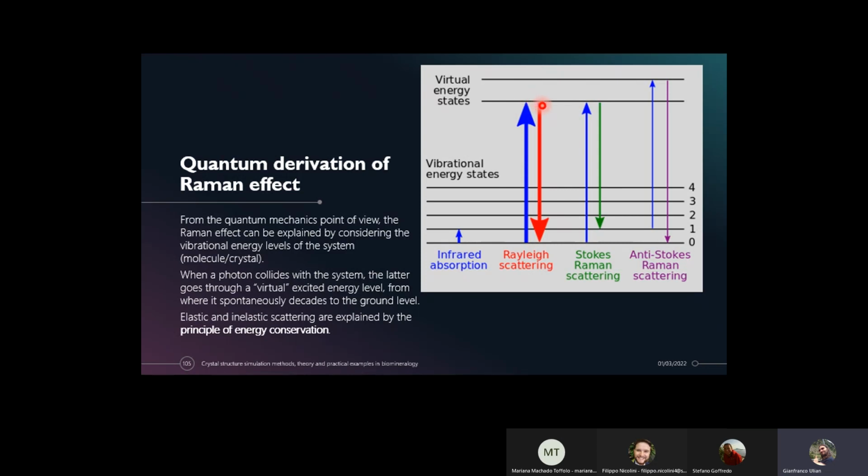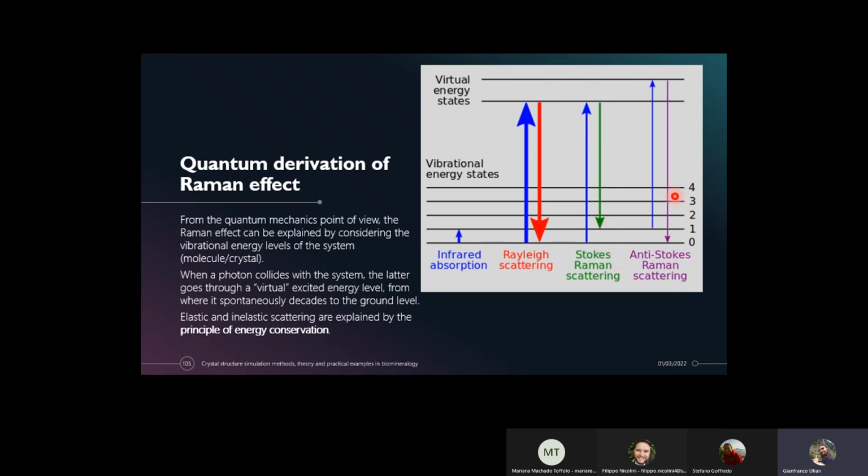Then it remits a photon with the same energy. So your system jumps to an energy level and goes down to the same vibrational energy level. What happens here is your system acquired the energy from the incoming light, then it remits a photon with a negligible or small variation of its energy.